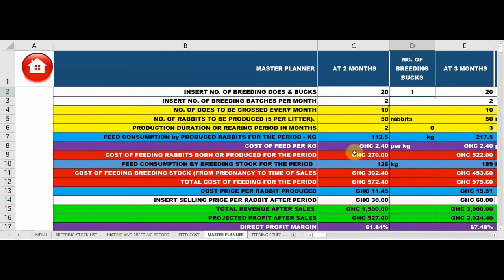Okay. So now, this is my personal plan, and I want to explain it to people so that they can understand. Now, if I am to cross these rabbits in 3 batches, you can see the profit margin has reduced. If I am to have more bags, let's say 5 of them, you can see that my profit margin has reduced, because those 4 extra rabbits will now come and be eaten into my cost of feeding.